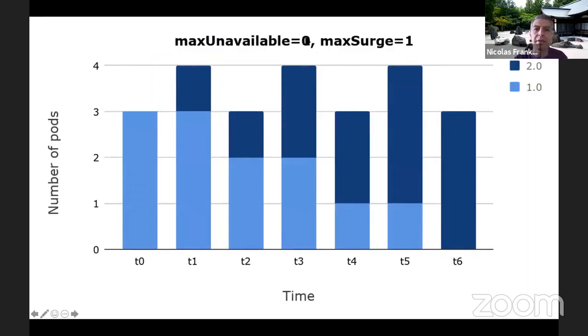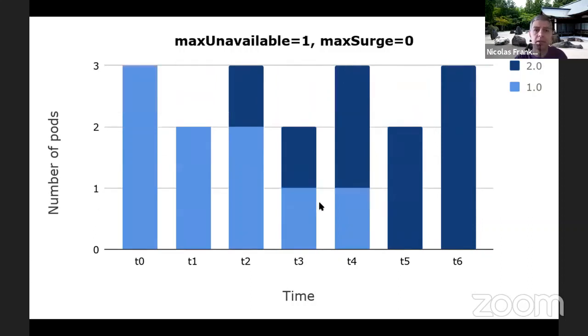So here I have max unavailable 1, max surge 1. So basically, if my baseline is 3, that means I might have 4 pods at some point, and then I will get back to 3. So at the beginning, I have version 1.0, and then Kubernetes will spin off a new pod with version 2.0, and then it can remove one of the 1.0 pods, and then so on and so forth until every pod is 2.0.